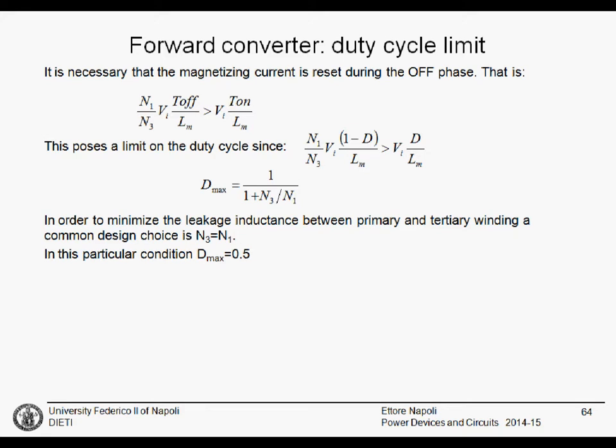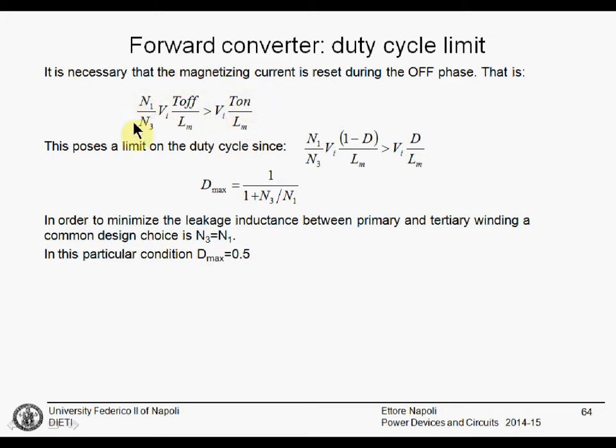The equation that derives from this need is that N1 divided by N3 multiplied by Vi during the off phase divided by the magnetizing current is larger than Vi T-on divided by the magnetizing inductance. Which is what this equation tells us. This is the maximum of the magnetizing current during the on phase.